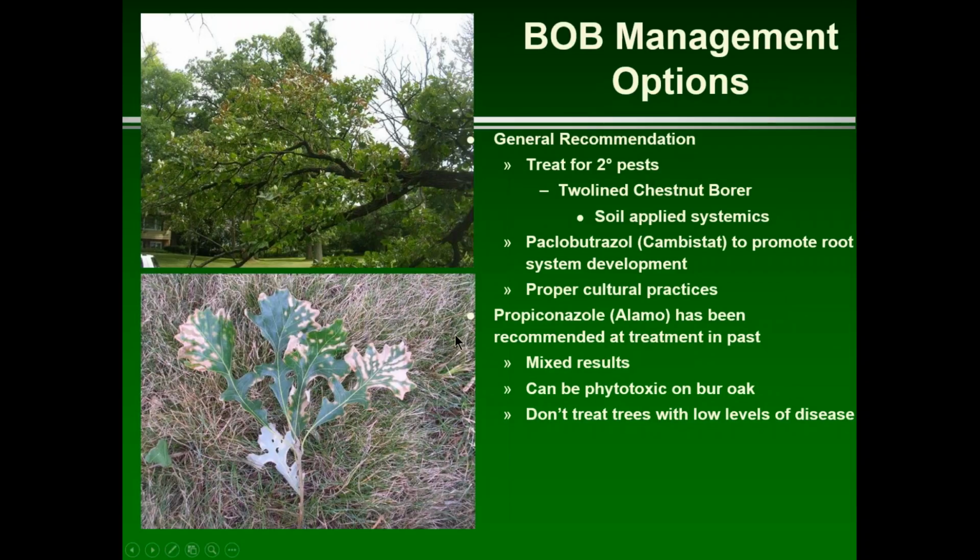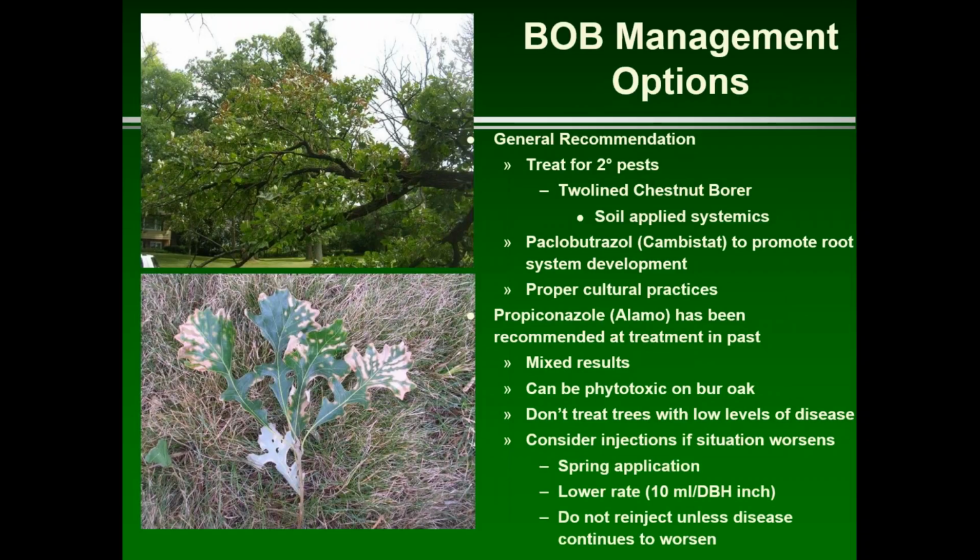You may want to consider injection if the situation continues to worsen. If you monitor a tree for a few years and it seems to be struggling with continued infections of BOB and it appears to be impacting the tree, you may want to consider an injection at that point.